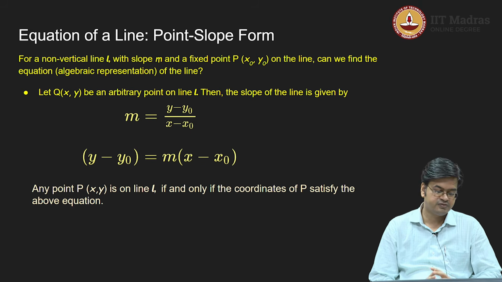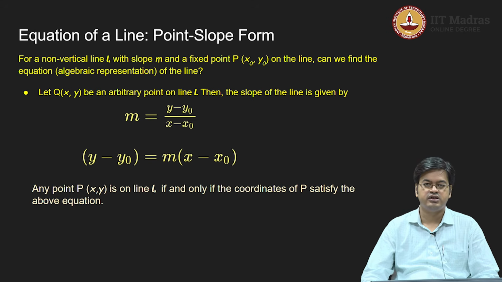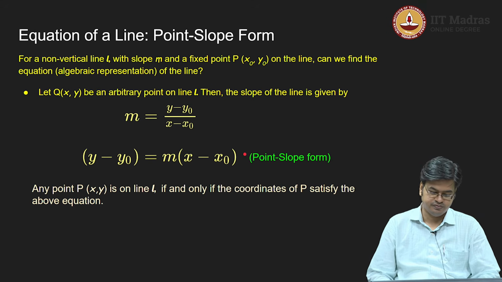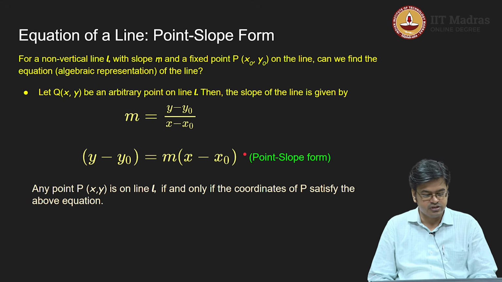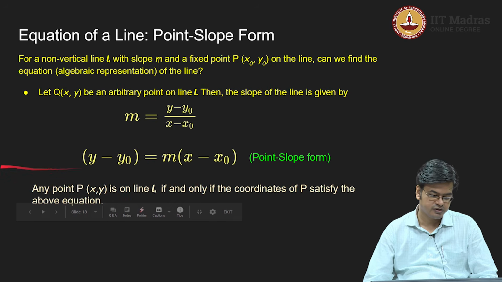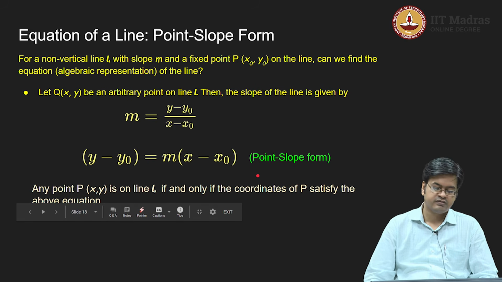Okay. This form of expression is called point slope form. So this is a point slope form of equation which essentially says that give me one point and slope of a line, I will give you the equation of a line. The beauty is the geometric object now can be represented in terms of the equation.